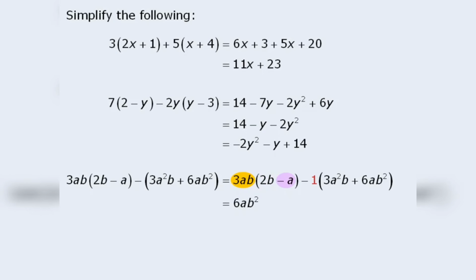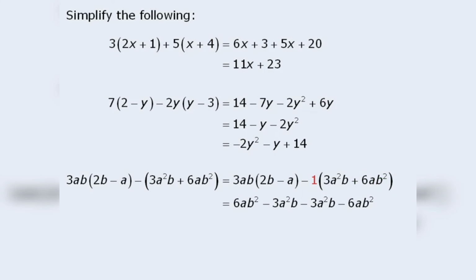Then we'll multiply 3ab times negative a to get negative or minus 3a squared b. From here, we'll multiply negative 1 by 3a squared b to get negative or minus 3a squared b. And finally, we'll multiply negative 1 by positive 6ab squared to get minus or negative 6ab squared.